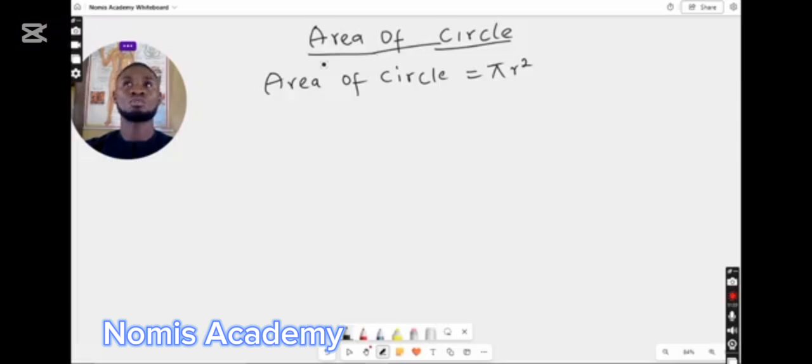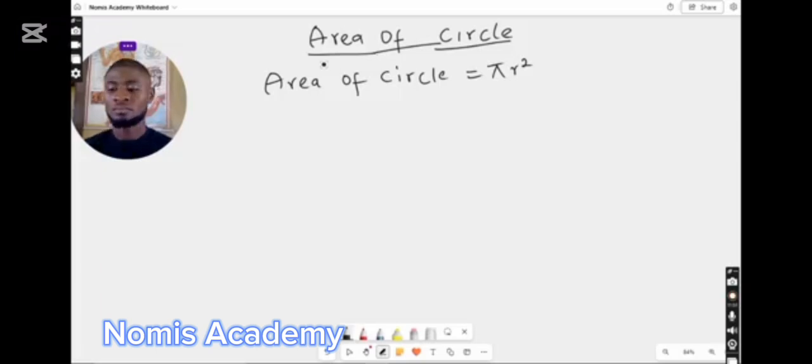So most of the time it is approximated to two decimal places, so we have 3.14, sometimes three decimal places, 3.142. But for every question that is given, it might be stated that we should take pi as 22/7 or 3.1 or 3.14 or 3.142, as the examiner might be pleased to use it.